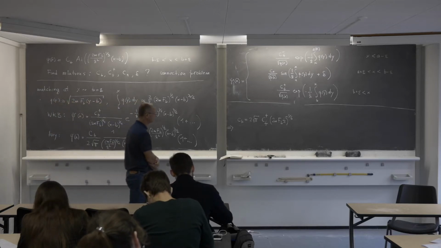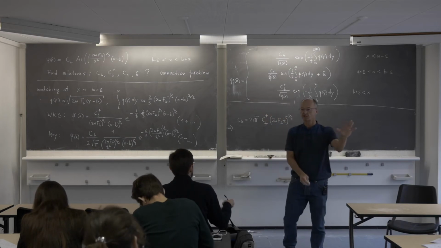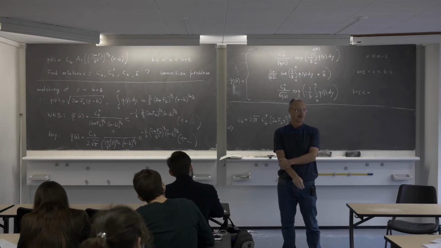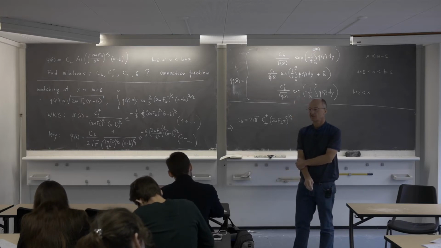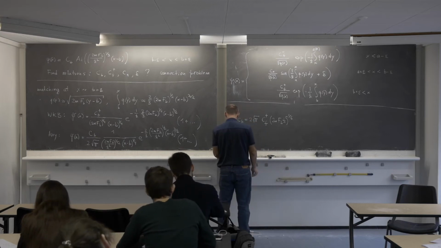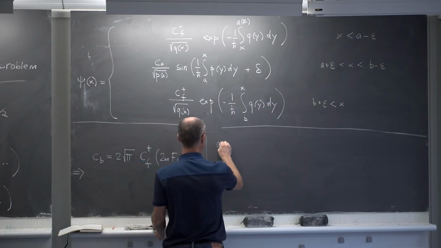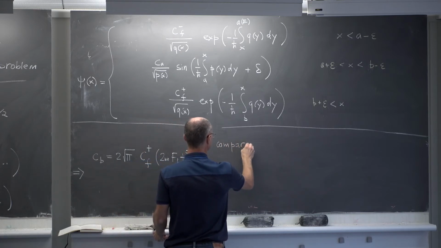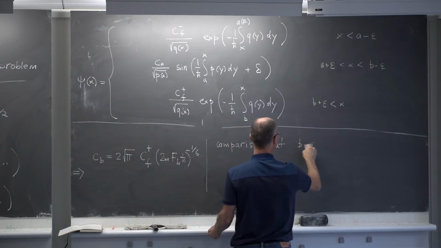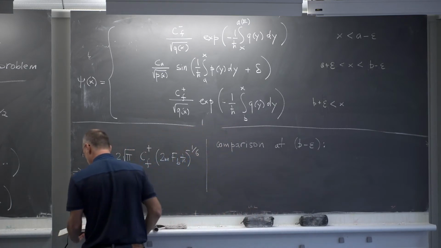Now, in the beginning, I must say, I was planning to torture you with the comparison of asymptotics on the other side. Frankly, I'm not sure it's a good idea. Let me simply tell you what the answer is. Here is the comparison at b minus epsilon.